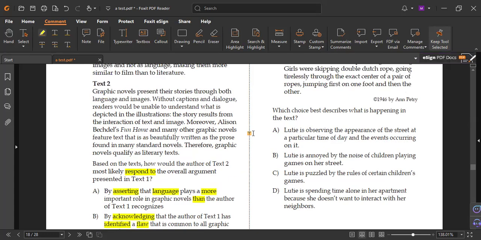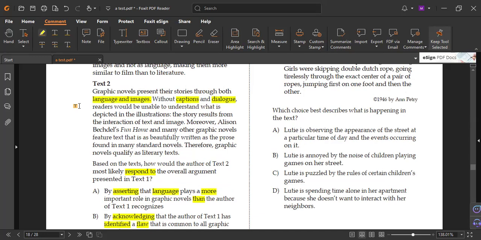He said here: without caption and the dialogue, readers would be unable to understand what is depicted in the illustrations. So we need captions and the dialogue. So he said graphic novels present their stories through both, not only images, but both of them. So he focused on that language is very important in these novels.